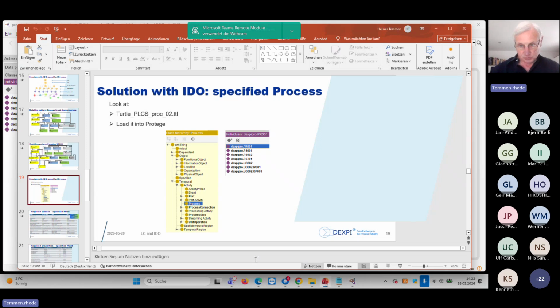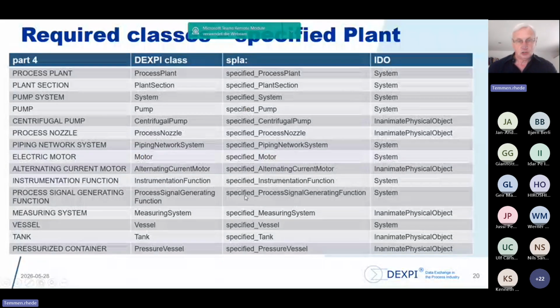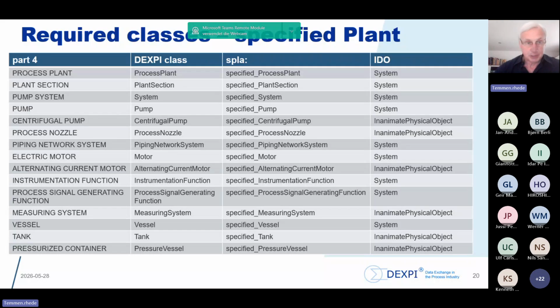Let's go back to the specifications, and let's go to the next big part of the information structure, that is the specified plant. Here we see the different classes we need, all have the prefix specified, and we have the relations to part 4.